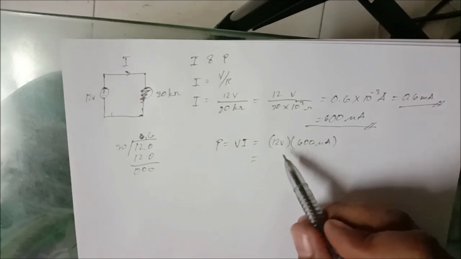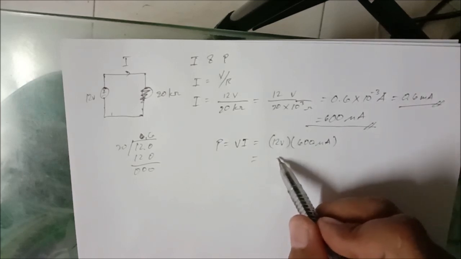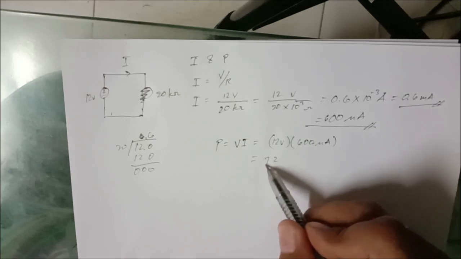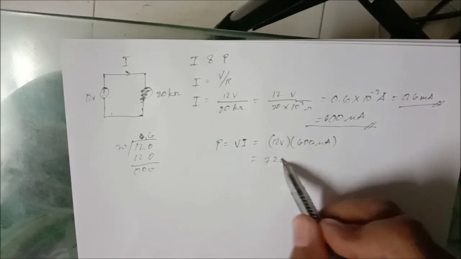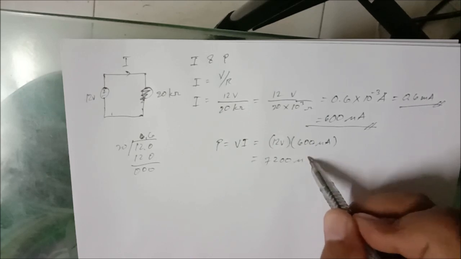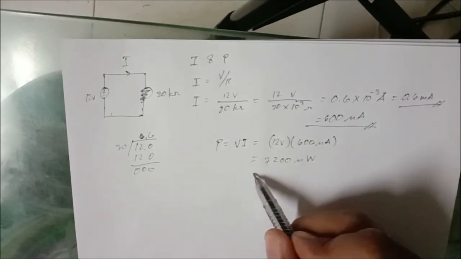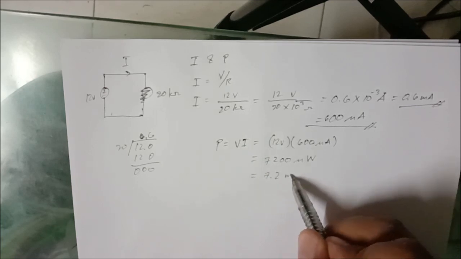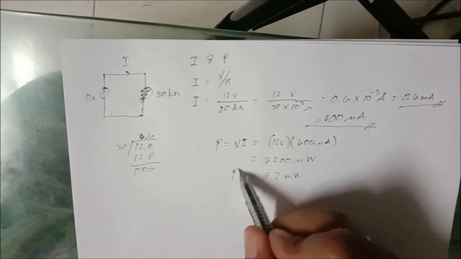So, 6 times 2 is 12. Carry 1. 6 times 1, 6, 72. Plus dalawang 0, 7,200 microwatts.